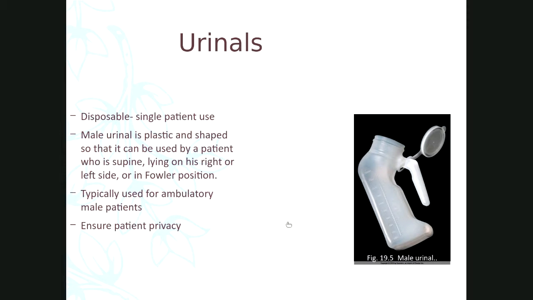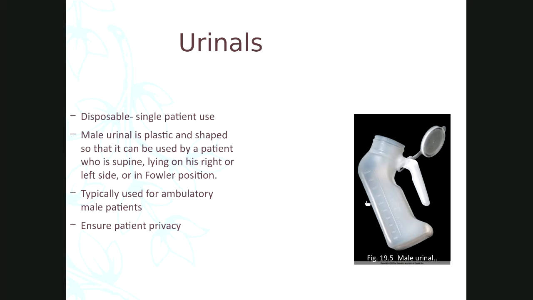And the biggest thing, you want to try and give the patient privacy if at all possible, whether that means pulling a curtain, stepping out of the room for just a few minutes, but something to provide them privacy when they use that. Okay, it is possible a patient might require assistance with that. If that's the case, make sure you put gloves on before you hand the patient the urinal.